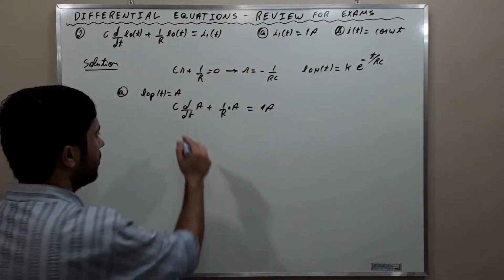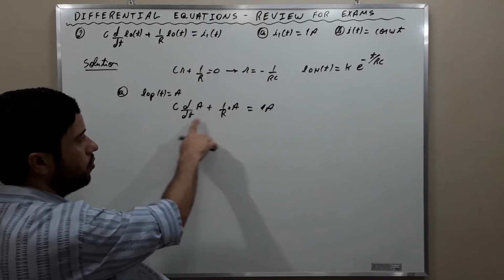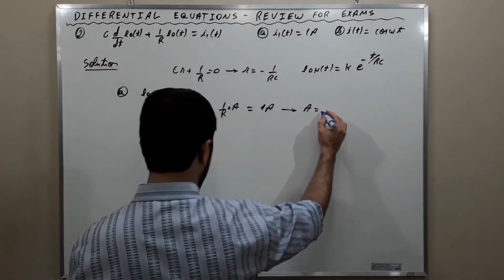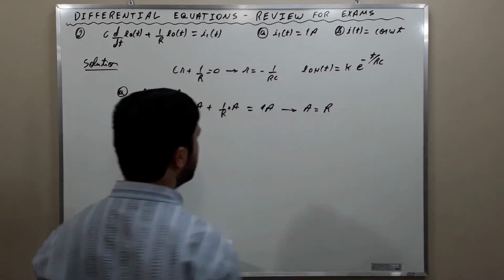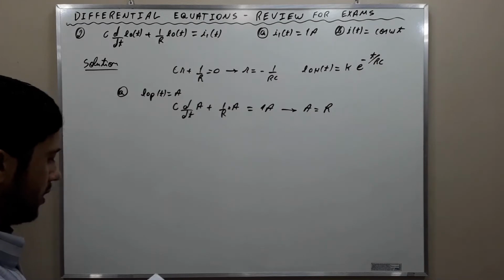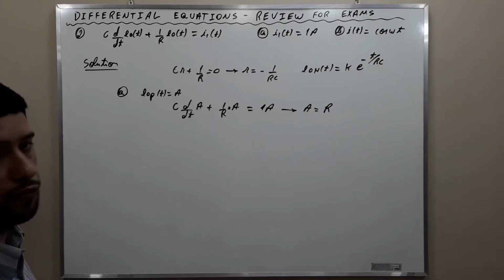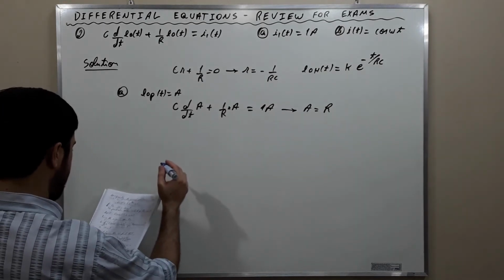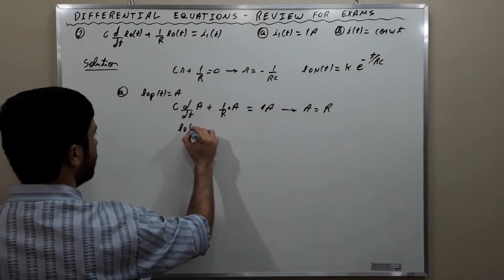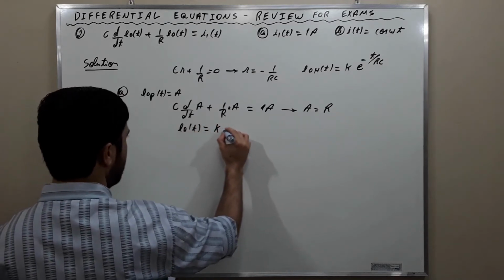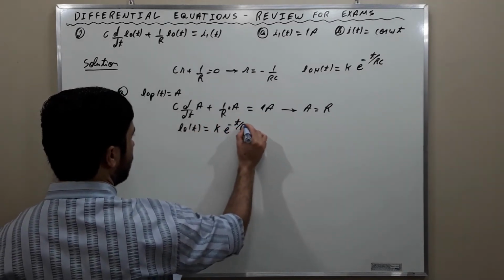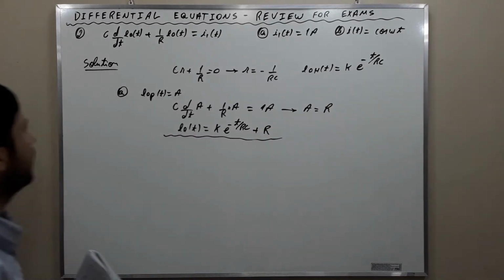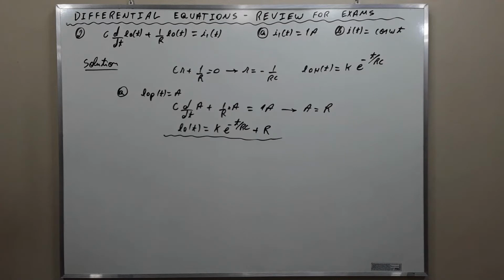In this case, the derivative of a constant value is 0, and we find that the constant A is equal to R. And the general solution for this forcing term is then E0 of t equal to k e to the minus t over RC plus R. Okay, this is the solution for letter A.